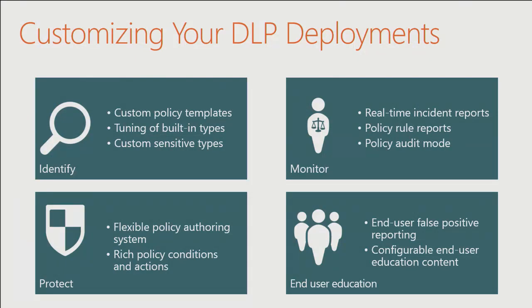Next, under protection, there are really 2 things. One is a very flexible policy authoring system. This is, again, where transport rules come in, where you can do a lot of customizations just by clicking through a set of UI wizards, and don't have to get very deep in the system to have a very flexible set of policies customized to your needs. The next thing is the rich policy conditions and actions included in that system.